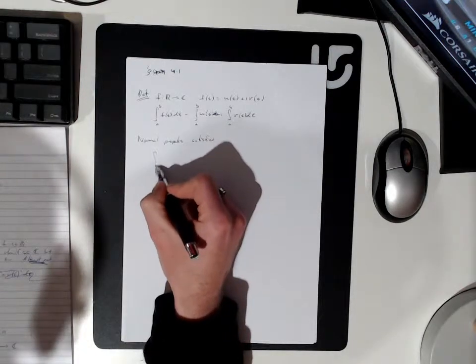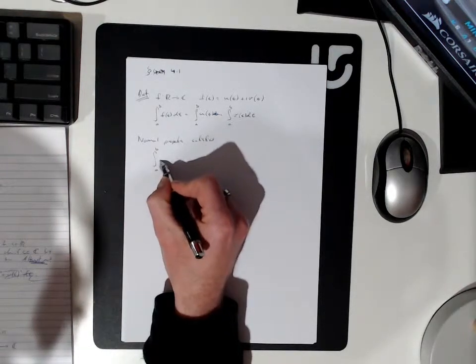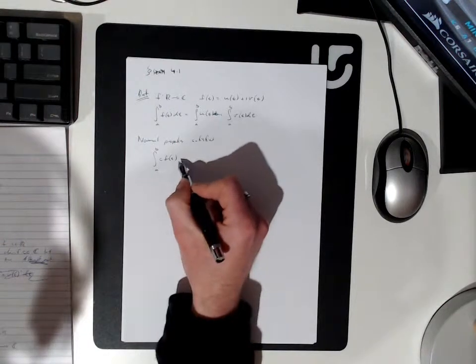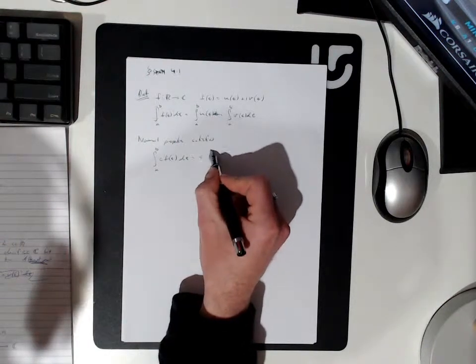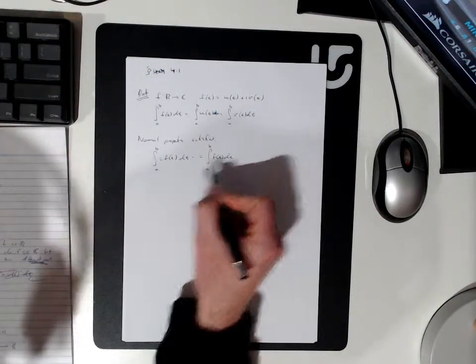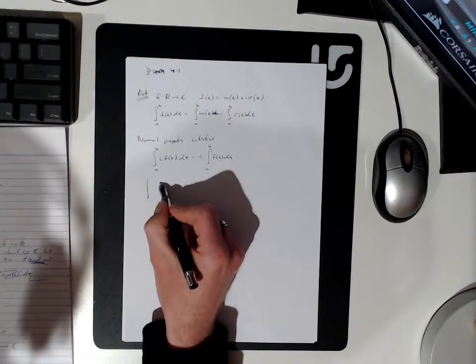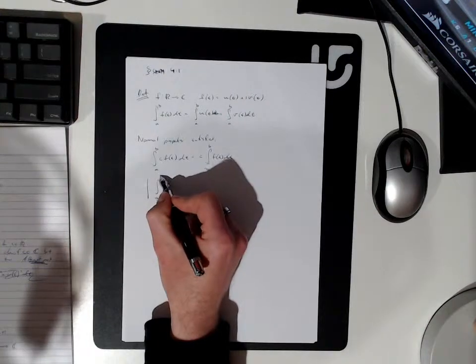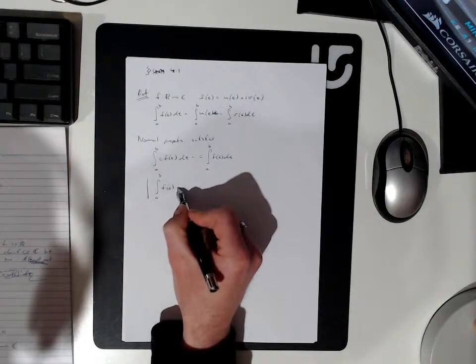As an example, you should be able to prove that this is true. And you should also take a look at this. This is a statement that we will end up using later on.